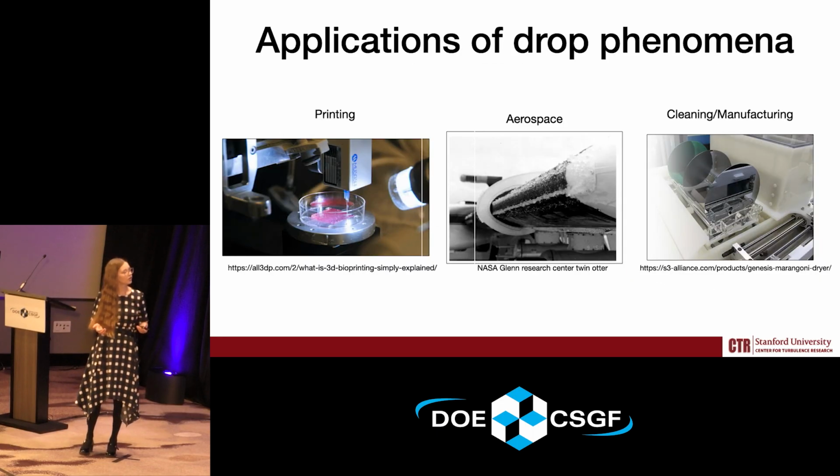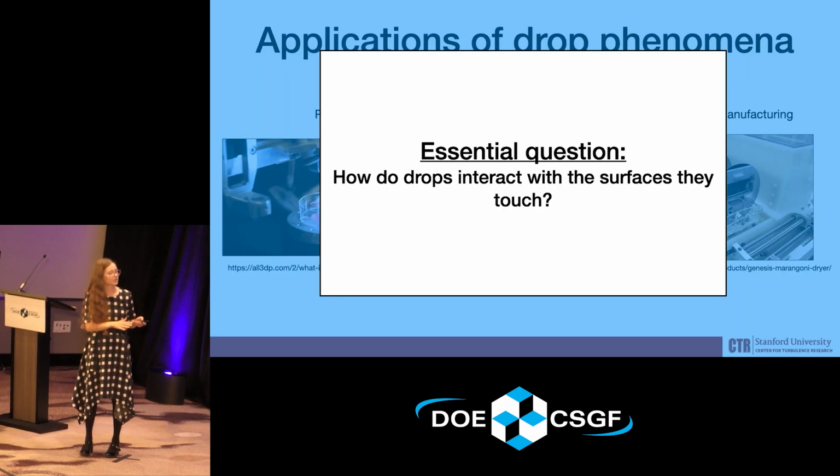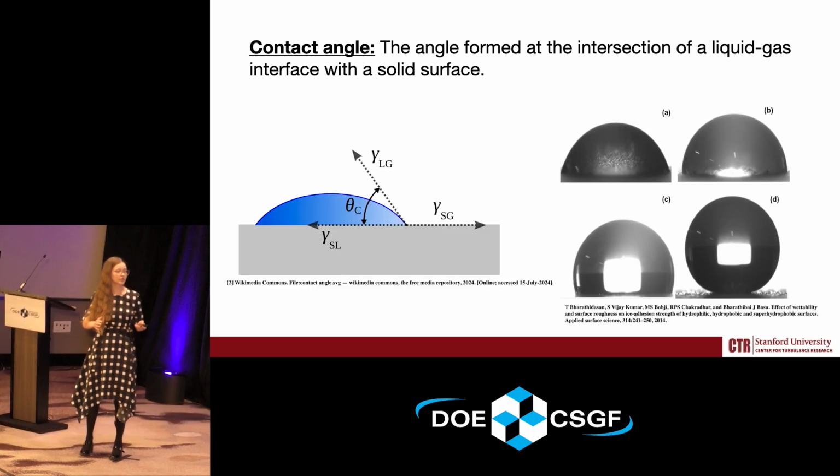Going back to these phenomena and these applications, all three of these beg the question of how drops interact with the surfaces that they touch. I'd like to introduce one crucial definition here, which is the contact angle, which is basically the angle formed at the intersection of a liquid-gas interface with the solid surface.